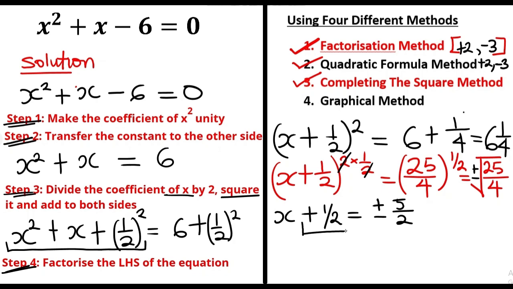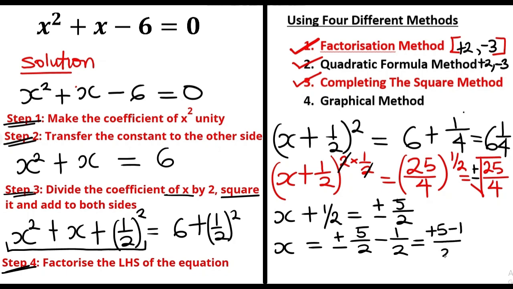Taken to the other side, we have x equals plus or minus 5 over 2, then minus 1 over 2. Here we can see that we have the same denominator. Since this is easy to calculate, we will carry out our calculation on the numerator alone. So x is equal to plus 5 minus 1 over 2, or minus 5 minus 1 over 2.